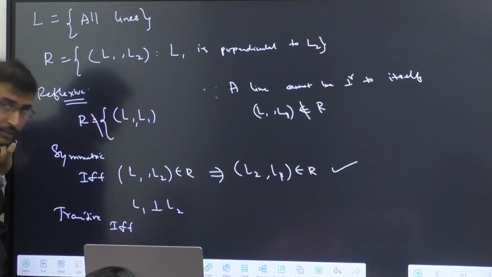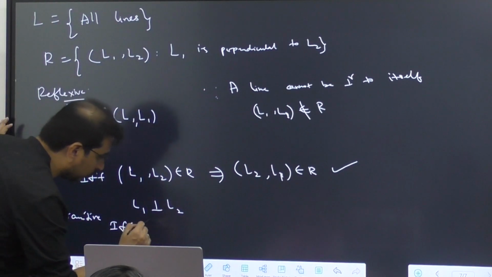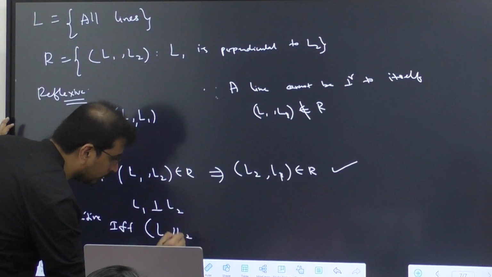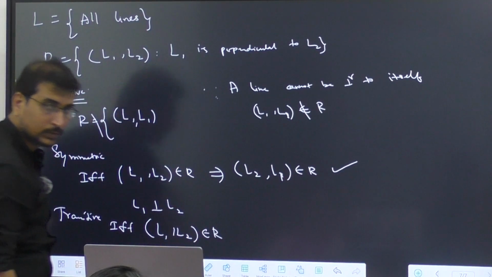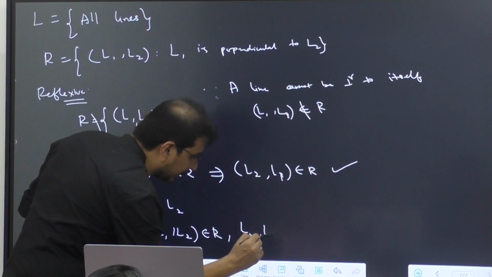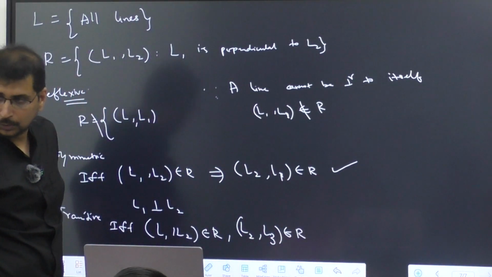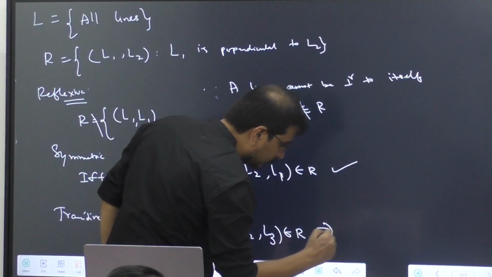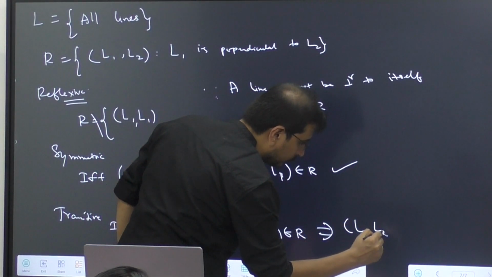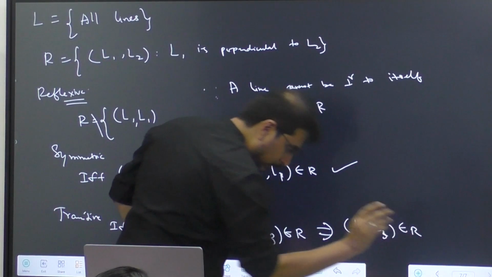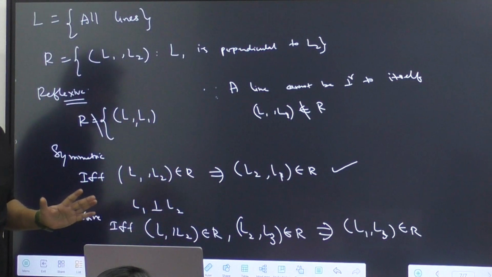Then what about transitive? How many assumptions are there? 2. What are the 2 assumptions? If L1 comma L2 belongs to R and L2 comma L3 belongs to R, then what can I conclude? I am writing it now. I have not yet concluded.